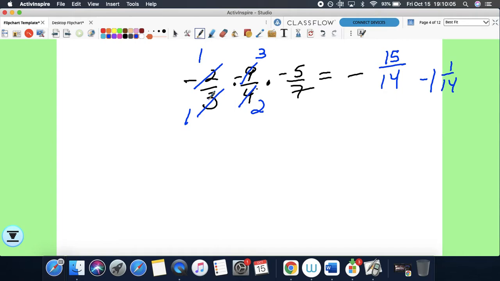Okay, I see. So community property, associated property. It doesn't really matter which property you use, but I don't know why they want this as a decimal.